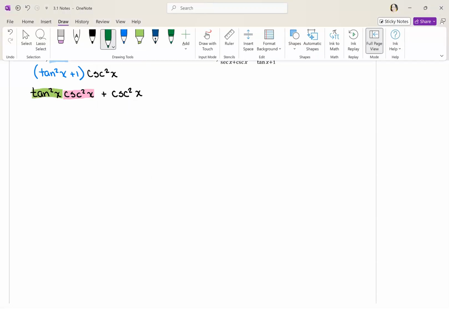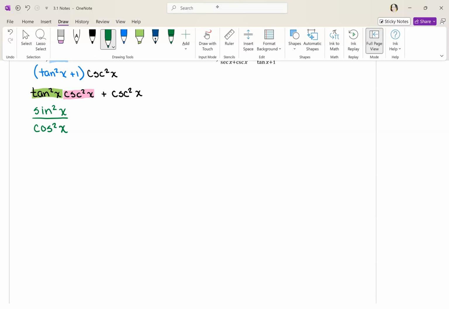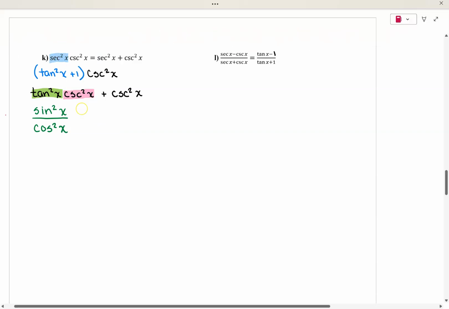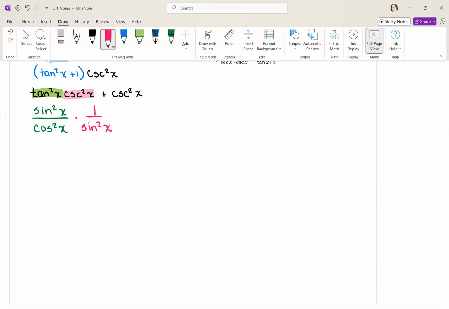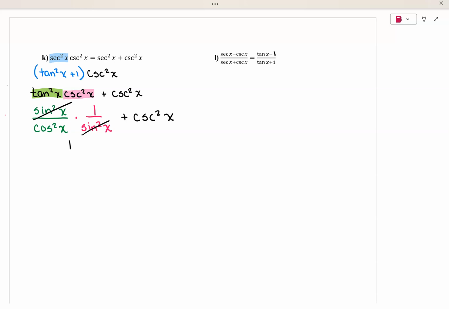So we know tangent is sine over cosine, so sine squared over cosine squared. We know secant is 1 over sine squared. Okay, and I'm going to drop this down. Sine squareds cancel.